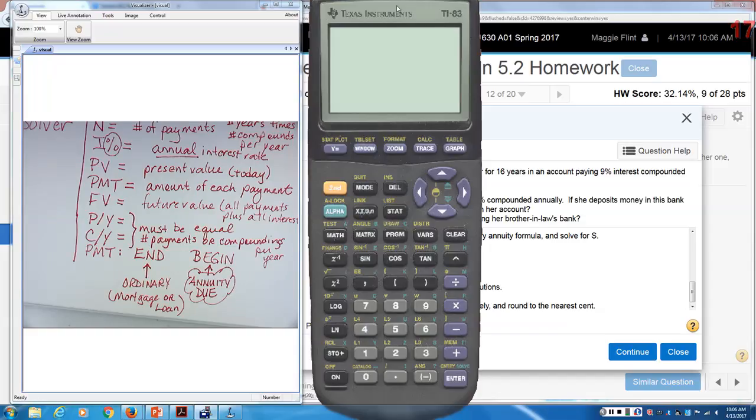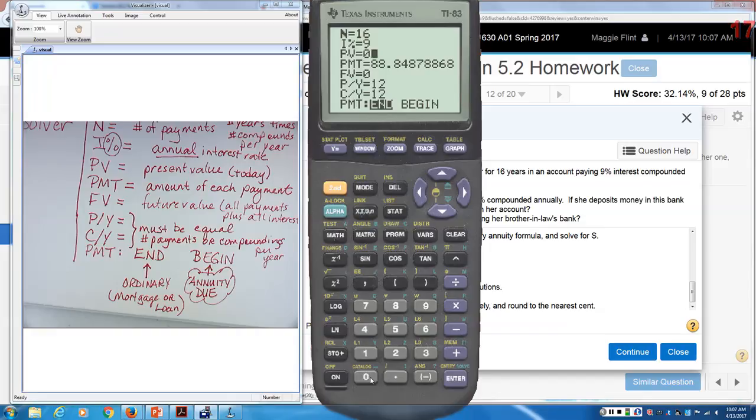Okay. So then we're going to use that same information that we just used in this problem above in the solver. So in our problem, the interest rate is 9%. So I'm going to change that to 9. The number of times it's going to be compounded is for 16 years, once a year. The present value, I have no clue. It doesn't even ask me what her present value is. So I don't care.